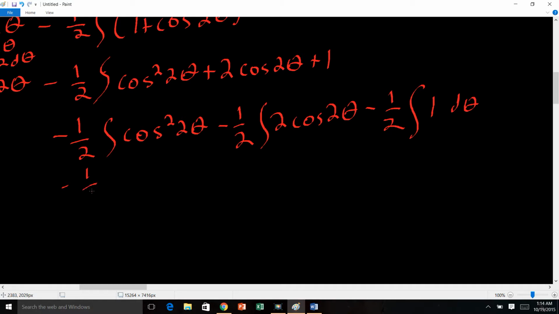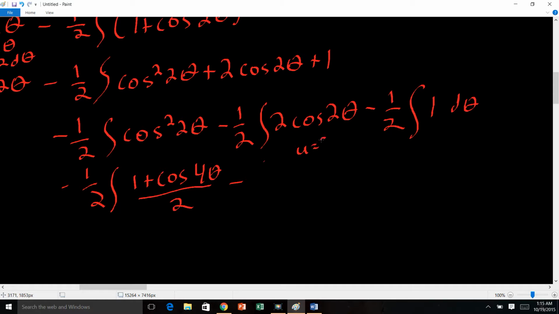Minus 1/2 integral 1 plus cosine 2 times the u inside of the cosine, so it's going to be 4 theta over 2 minus, let's bring our 2 out. Actually, let's solve this one.